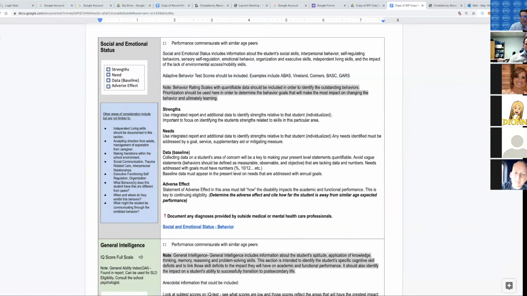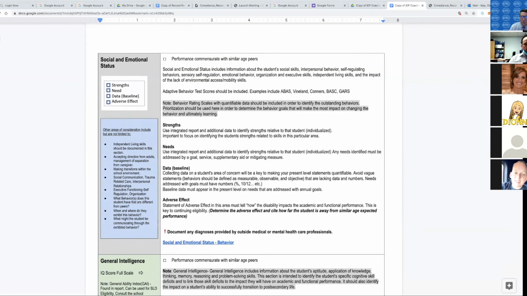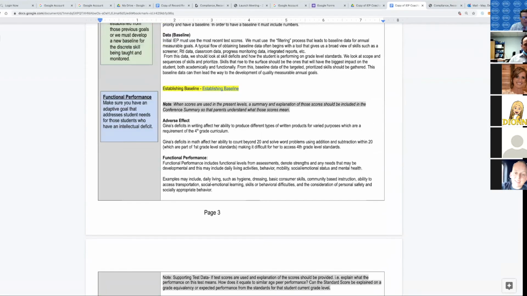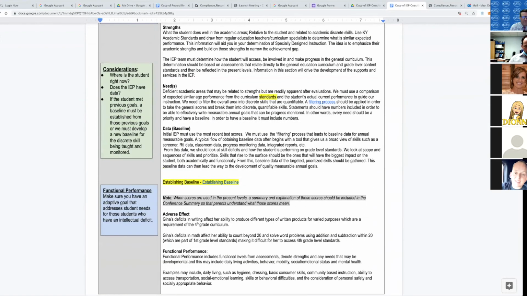So we've got some other information to share with you, but we're going to go back to the academic performance for just a second, and we're going to look at some things that we have developed. So we need our present levels to look like this. Here are the strengths. Here's the things the student does well in regards to academic performance. Is it okay to say the student's a nice person and has a pleasant personality? Absolutely. Everybody needs to know that.